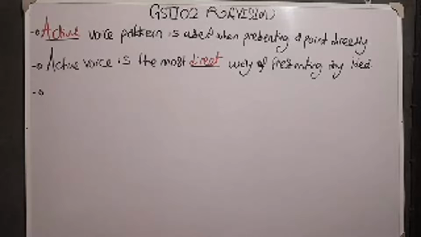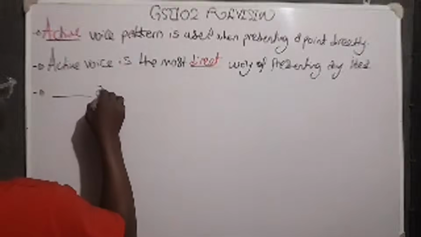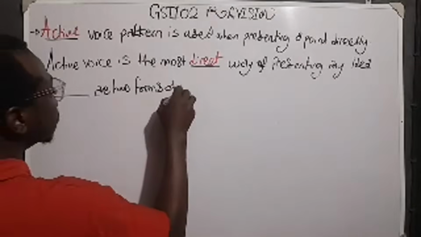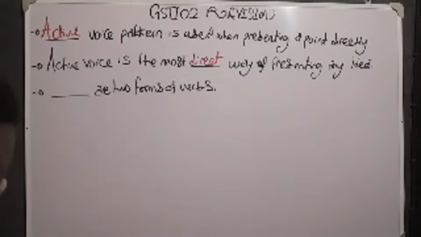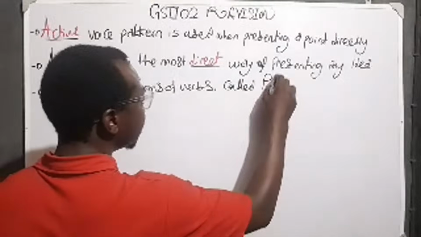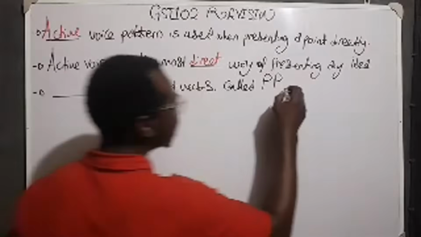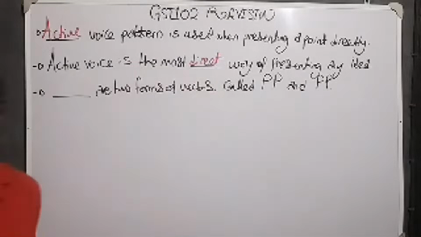Now, the question says, dash are two forms of verbs called present participle and past participle. Let's leave it there.